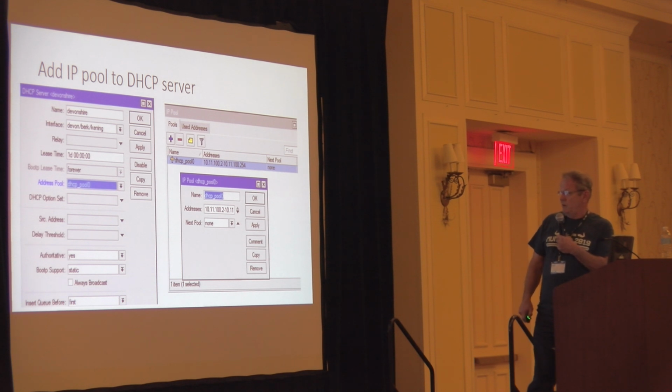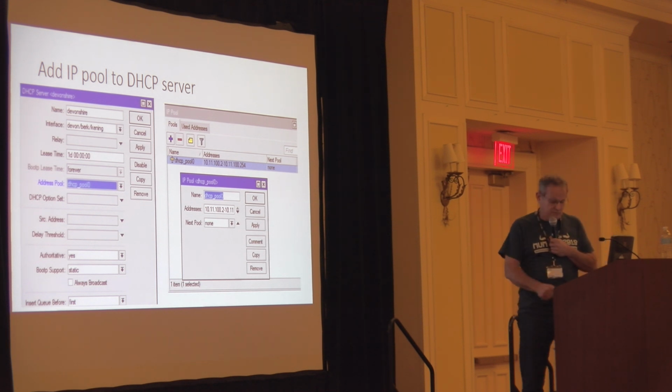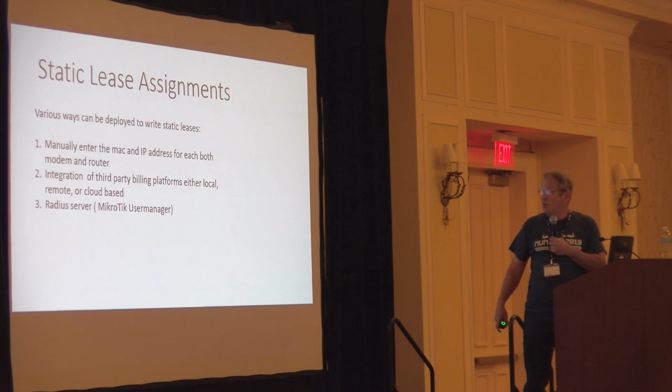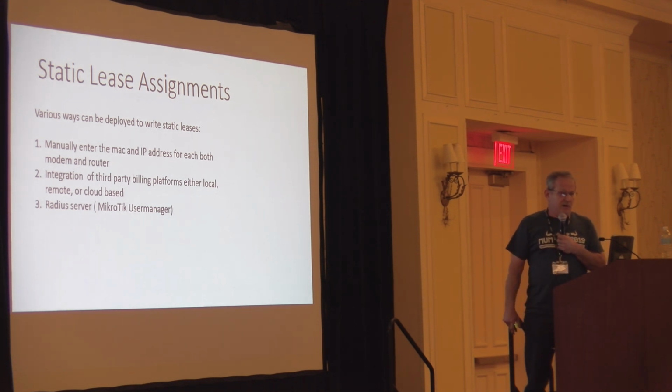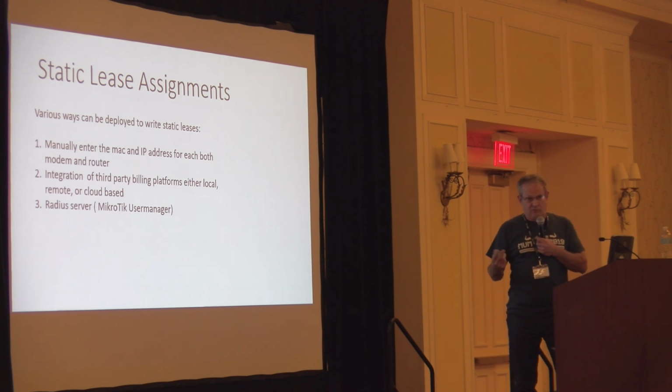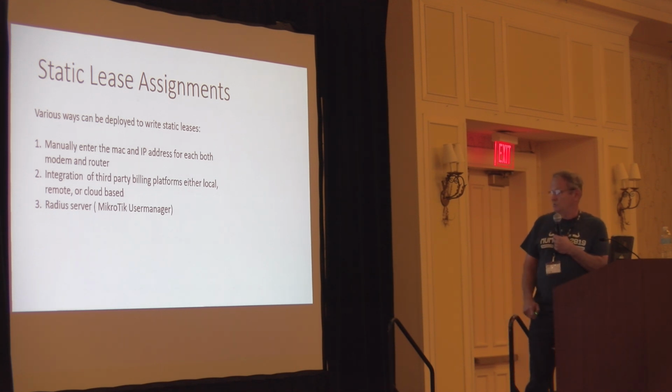Here I'm just adding my, under the dynamic section, obviously you'd have to put a DHCP pool in there and specify the addresses. Again, I've done static lease assignments, and I know probably at least 2 ways that work and 3 that probably will.